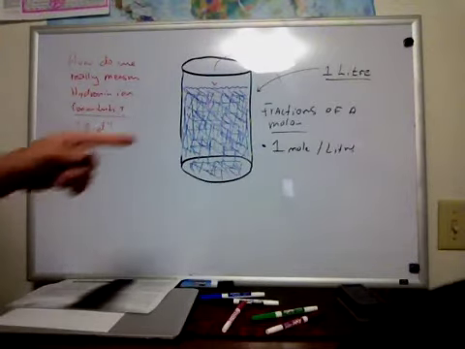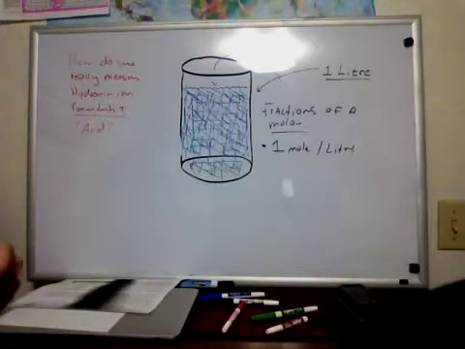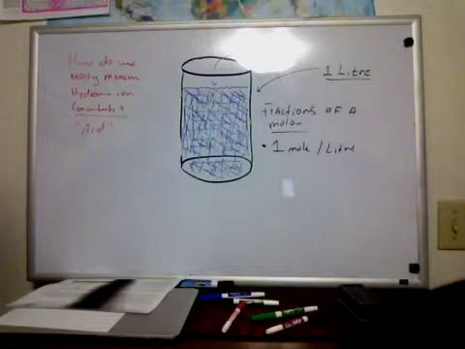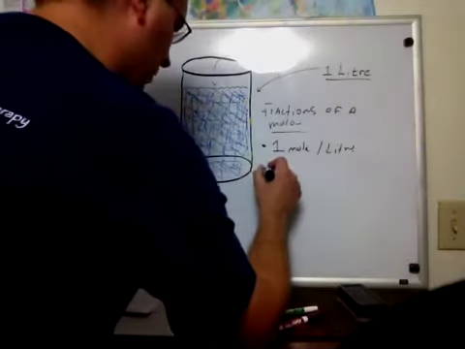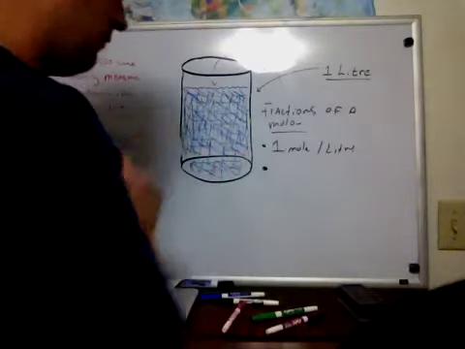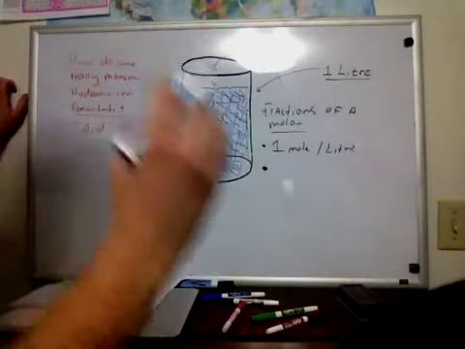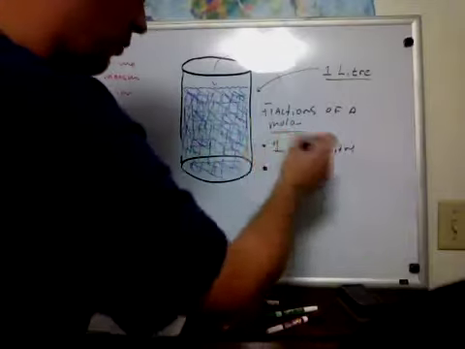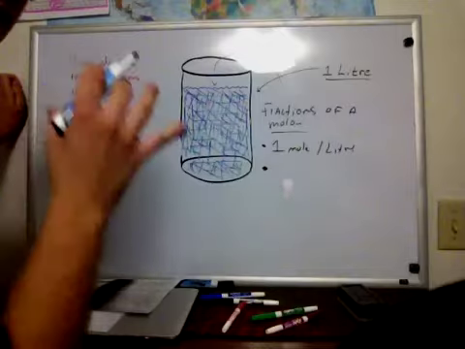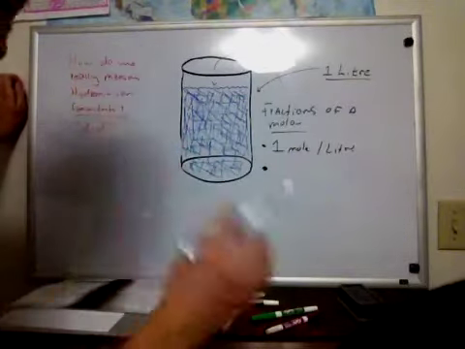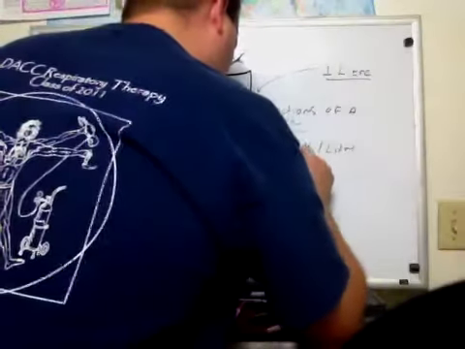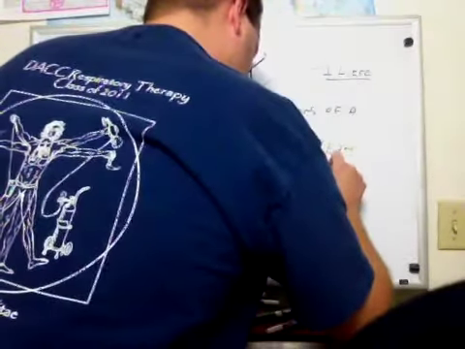But let's say that I want to make this 10 times less concentrated. So that would give me how many moles per liter? Well, if 1 mole per liter is our base, then what is 10 times weaker, or 1/10 of a mole? Well, that's nothing but 0.1 mole per liter.